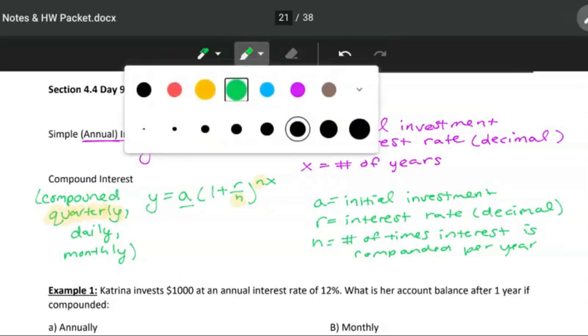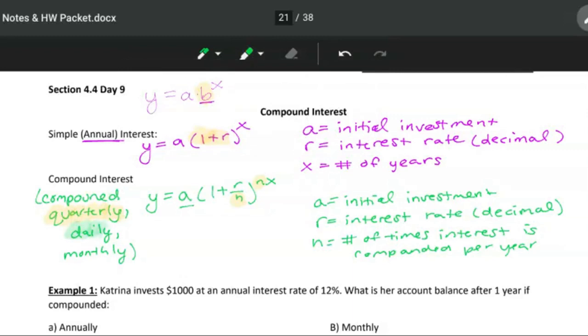All right, if they told you the interest is compounded daily, think about there are 365 days in a year, your N would be 365. And if they told you your interest was compounded monthly, there's 12 months in a year, so N would be 12. All right, and lastly, X is the same as before. It's just the number of years that you plan on leaving your money in the bank for.